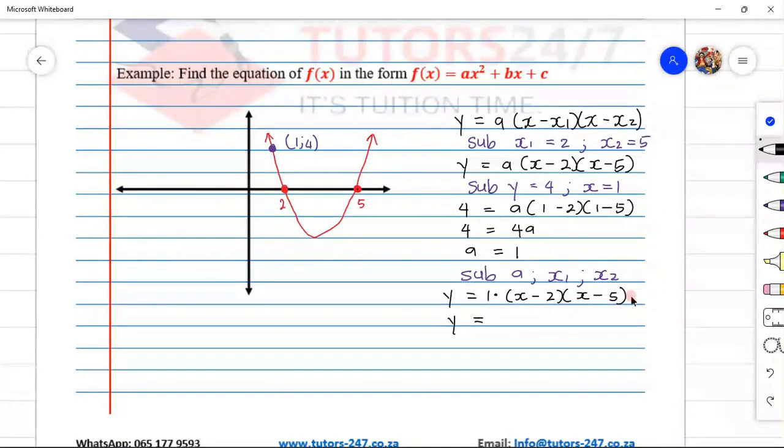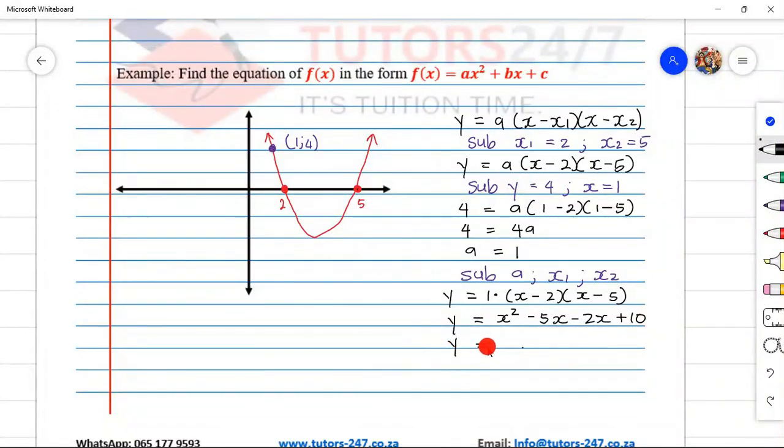Now, we're going to use our FOIL method to expand inside of the bracket. So we've got x times x, that gives us x squared. We've got x times negative 5, that gives us negative 5x. We have negative 2 times x, that gives us negative 2x, and negative 2 times negative 5 gives us positive 10.